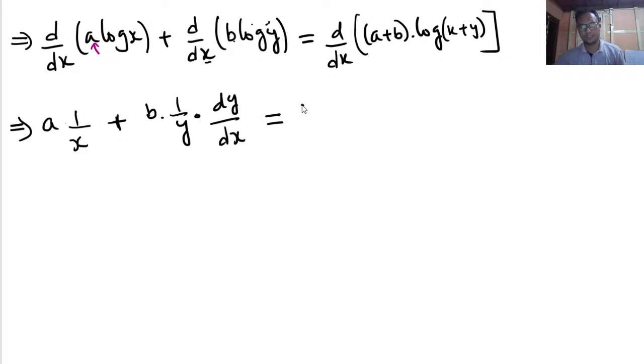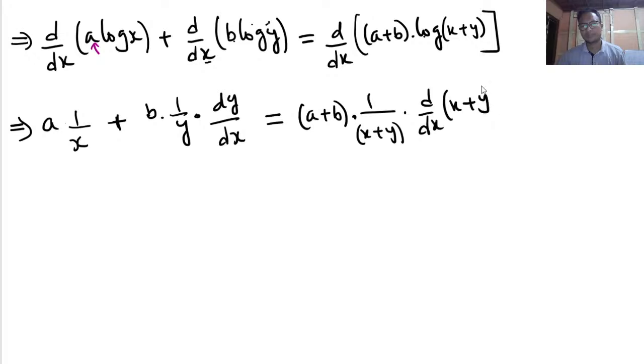Here a plus b is a constant, so take it outside. So we are left with log of x plus y. And if you differentiate log, it will be 1 by x plus y, and then into the derivative of x plus y, how much? Right, now continue with the equation.